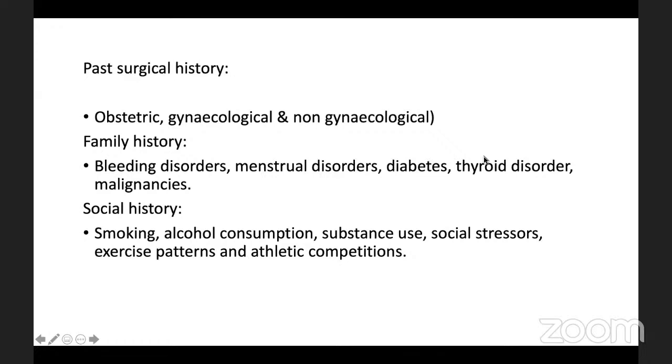Okay, so past surgical history. I've sort of simplified it, but I can expatiate on it. So I looked at the obstetric history. Of course, you want to know about previous cesarean sections that the patient could have had, or even maybe a hysterotomy, although hysterotomy would be gynecological.